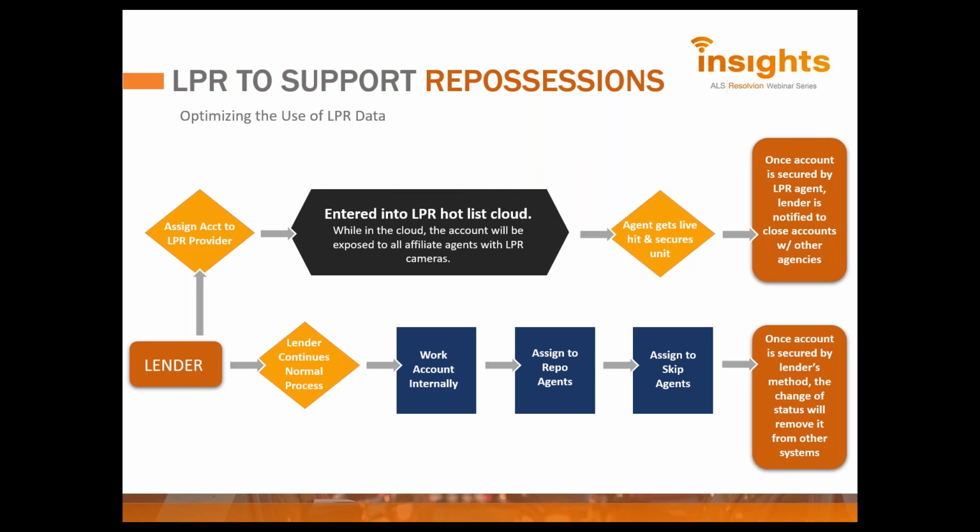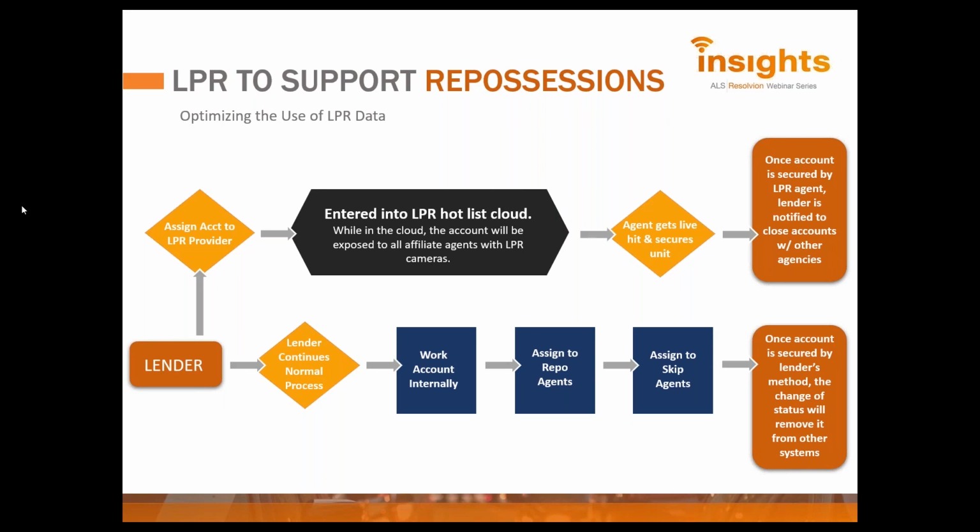Yep. Exactly. This slide is just a graphical illustration of the process, but you as the lender would again make the assignment, the involuntary recovery assignment as you currently do, either through an agent or a forwarder, but at the same time provide the assignment to an LPR provider.